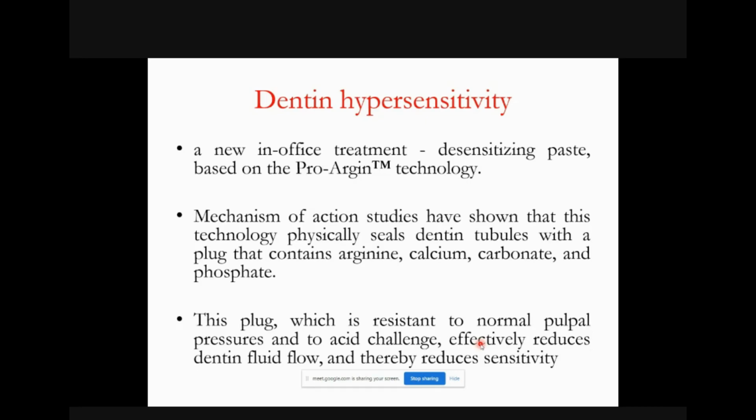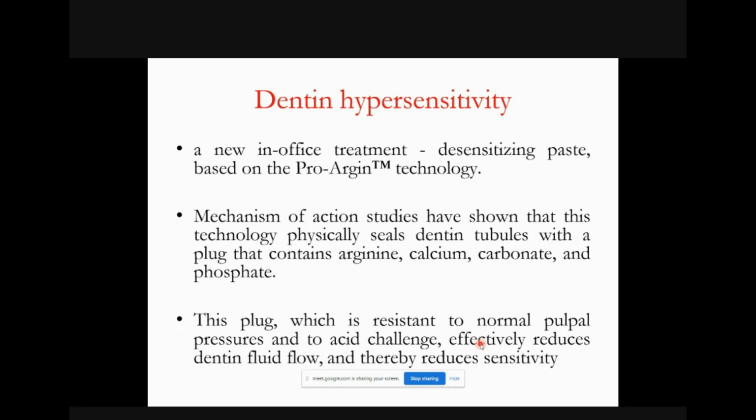When you tell your dentist the problem, they usually prescribe you a desensitizing paste. It can be any brand, whether it's Sensodyne or Colgate or any other brand, but the technology behind it is called ProArgin technology.